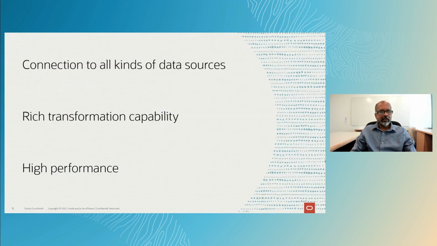Now, let's just recap that. You need connectors to all kinds of data sources. Any data integration tool is valuable only to the extent that it has connectivity to different sources, right? So you need to have a wide range of connectivity to different kinds of services. And rich transformation capabilities are very much required. You will need to join different tables.